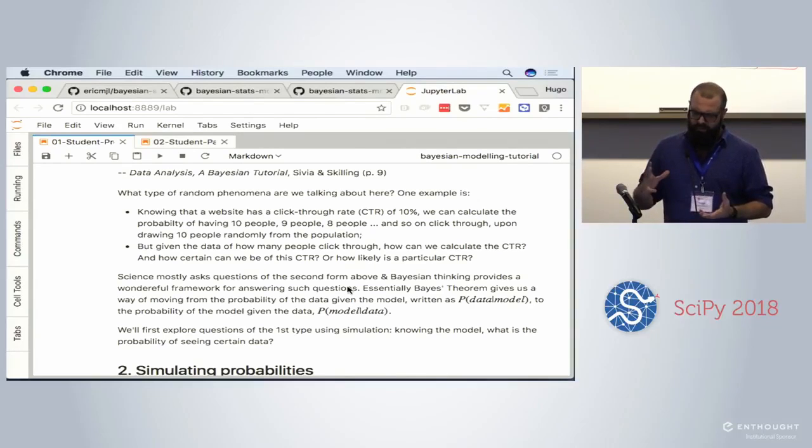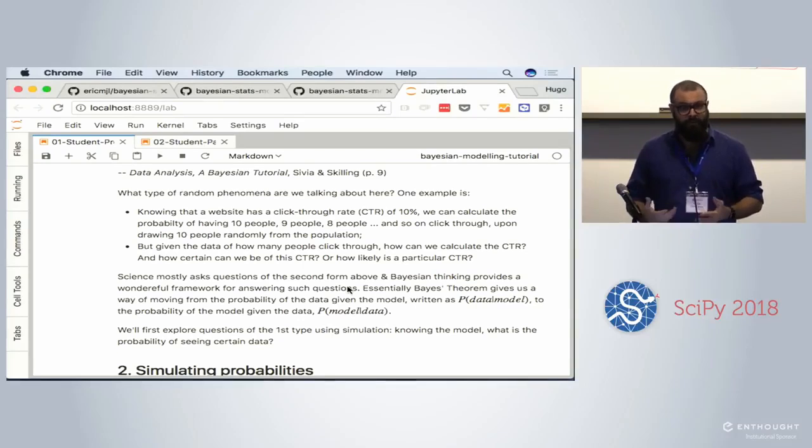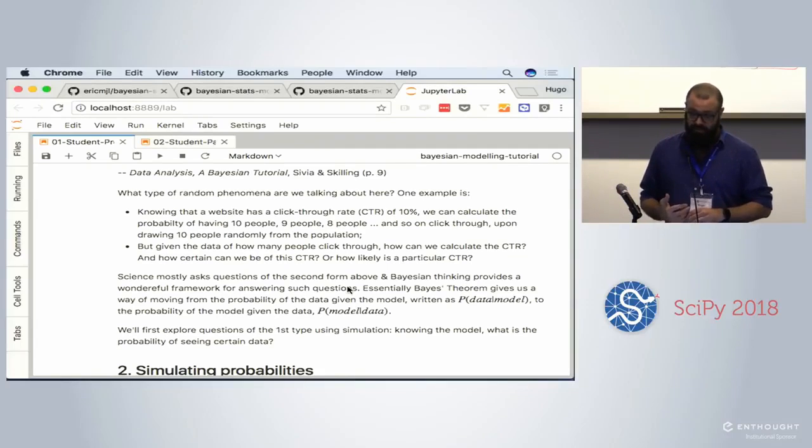But having said that, if we collect a bunch of data, then how do we actually figure out what the actual click-through rate is? You can ask the same about prevalence of disease, or the probability of flipping a head when flipping a coin, or in fact, most models you can ask similar questions, and the point is that science actually mostly asks questions of this second kind, right?